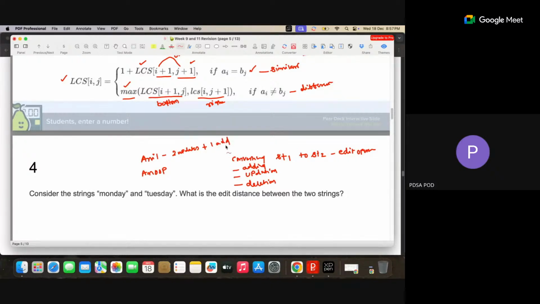Is it right? Yes, sir. Similarly, I want to convert Anup into Anil also. Again, two updates I need to do, plus one delete operation.